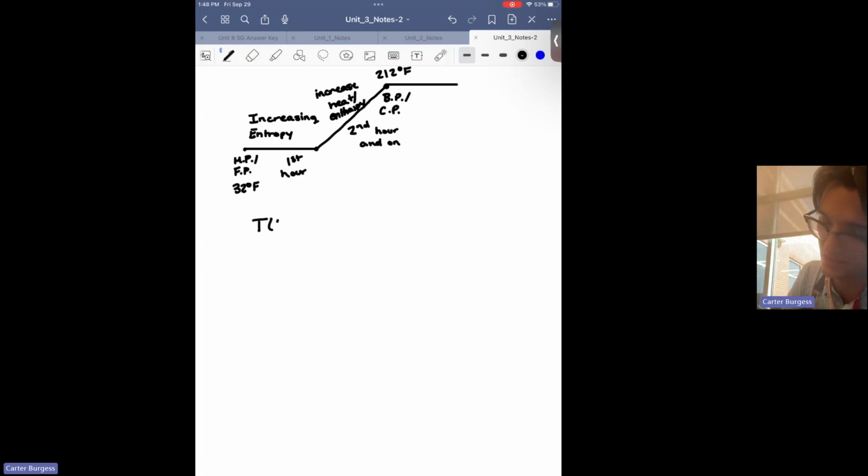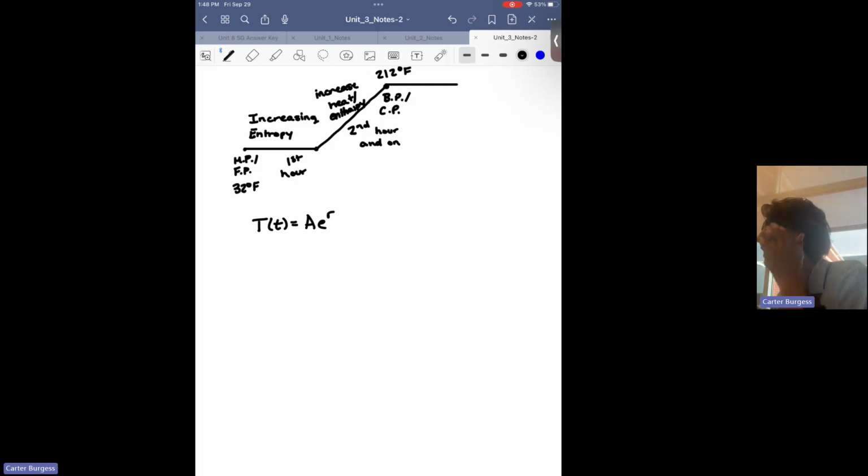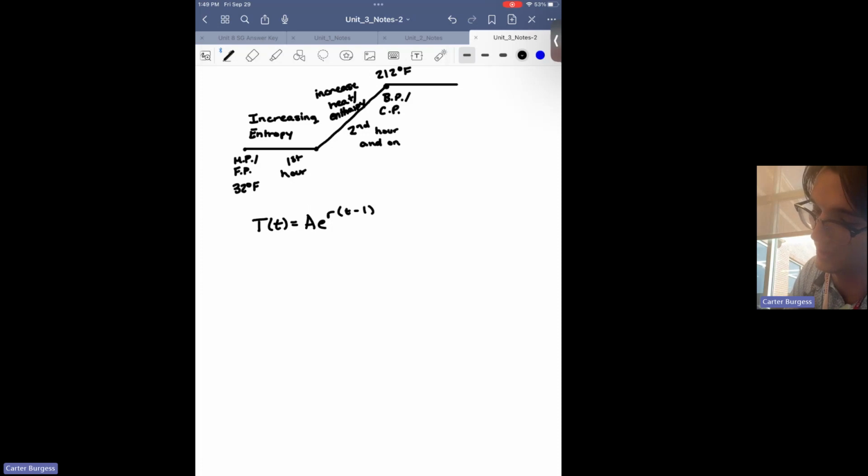So this is T of t equals A times e to the r, and then normally I would have t here, but what do I need to do to my t to adjust for that hour where I didn't do anything? Plus 1 would be if I plugged in 4, I would be at 5. So I want to instead, other direction, subtract 1 off of the amount of time that I'm plugging in. We're going to do t minus 1 here, plus this T sub s.